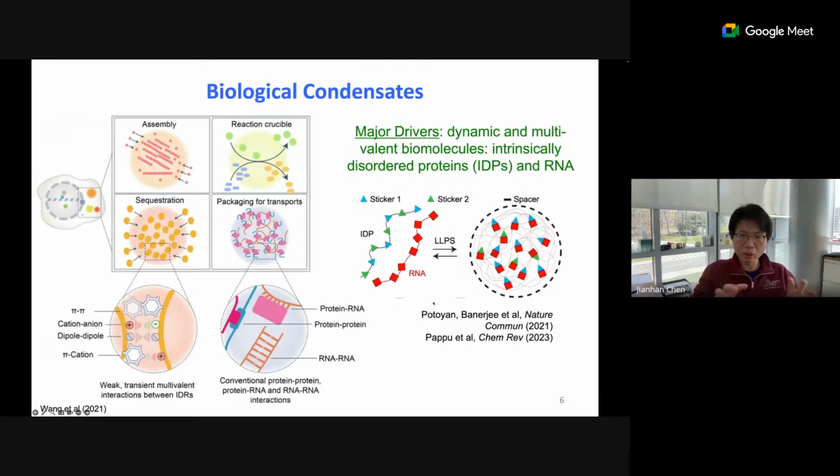And in order to understand the mechanisms and processes involved in the formation of biological condensates, and to understand how different cellular factors or even a drug molecule can control the formation or the properties of these condensates, theory and simulation have played really important roles. As you can imagine, a lot of early theories used to describe polymer phase separation are applicable in certain ways to understand biological condensates.